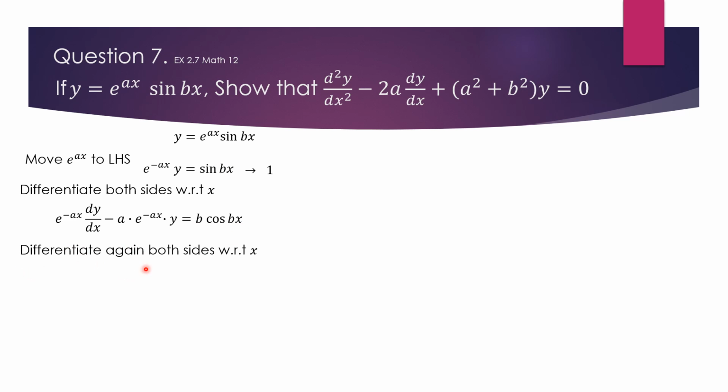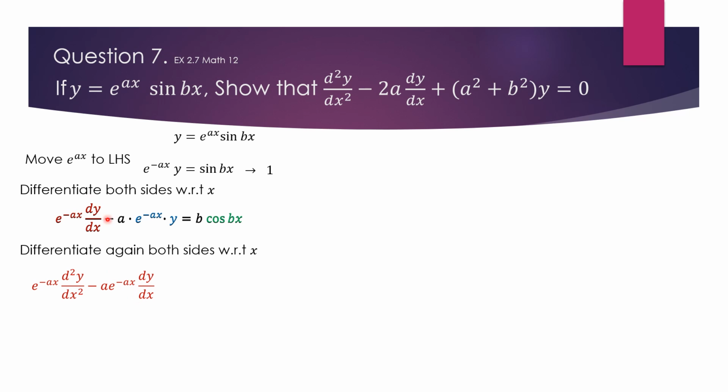Now differentiate again both sides with respect to x. Now this portion, e power minus ax dy by dx, again uses the uv product rule: e power minus ax d2y over dx square, minus a e power minus ax dy by dx.